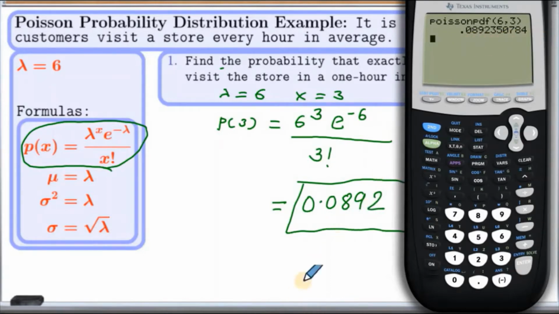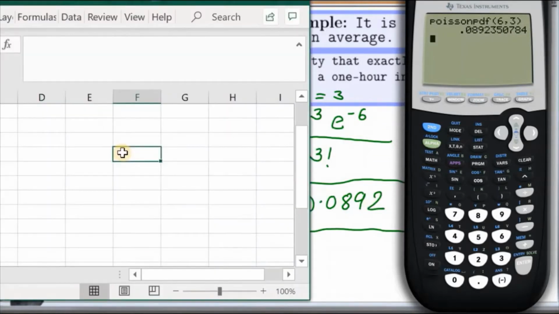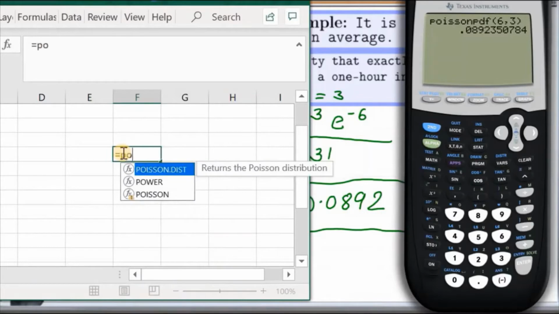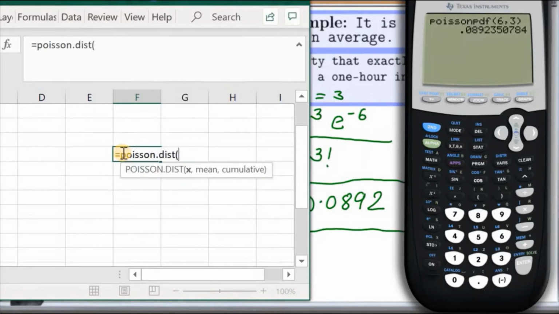Now let me show you how to find this in Excel. For that, type in equals, then type in POISSON.DIST, then put your parentheses. Here our x is 3 and our mean is 6, so type comma 6.